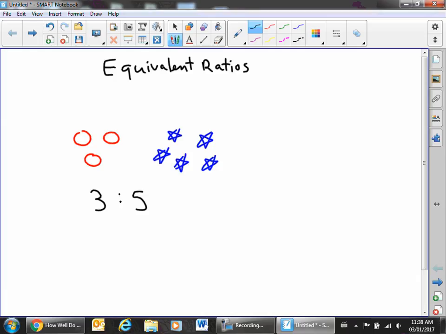If I wanted to find an equivalent ratio for that, I would simply multiply both the first term, term 1, and term 2 by the same number. So if I wanted to multiply this by 2, I'd simply say that this would be 6 to 10. And that is literally all you have to do to find an equivalent ratio.